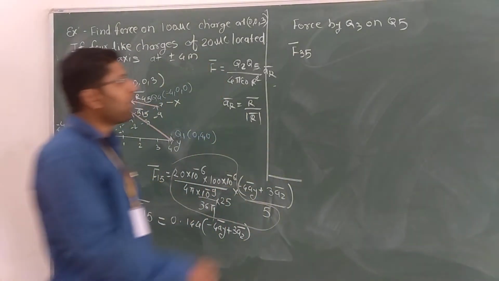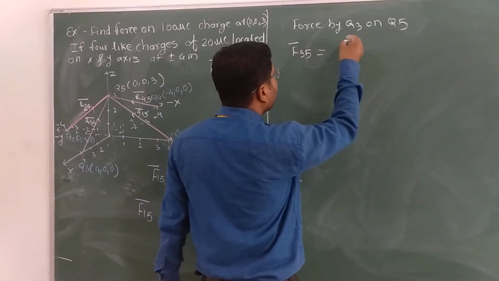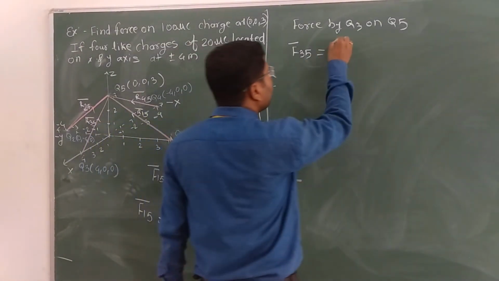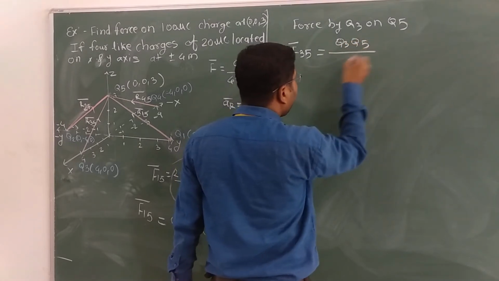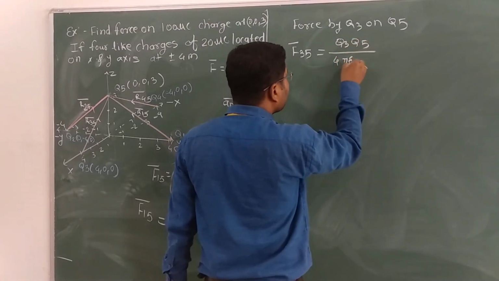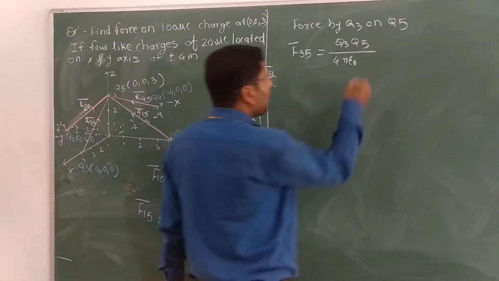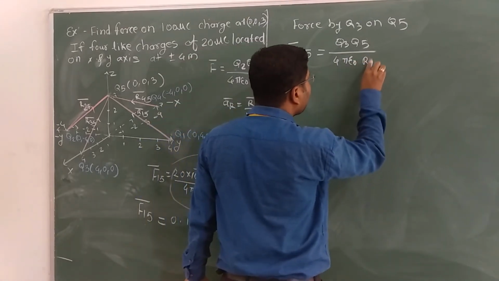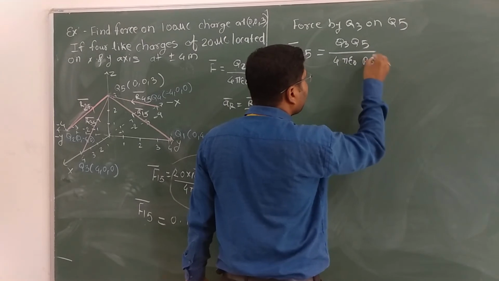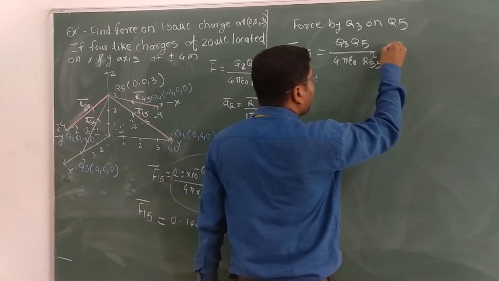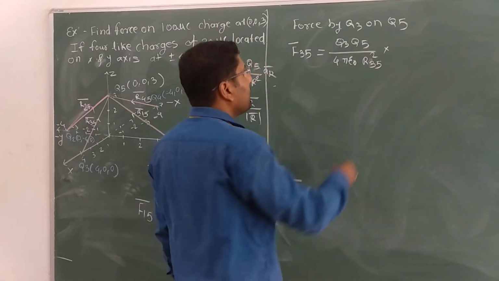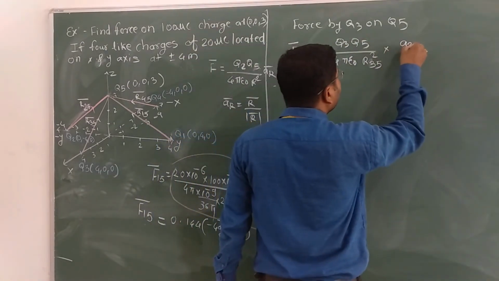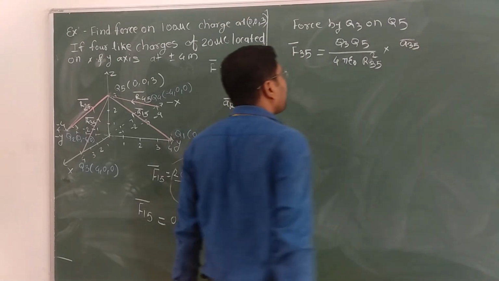So F35 bar is equal to, tell me Coulomb's law, that is Q3 Q5 divided by 4 pi epsilon 0. Then what is the distance? R35 square, multiplied, don't consider it as a cross, a R35 bar.